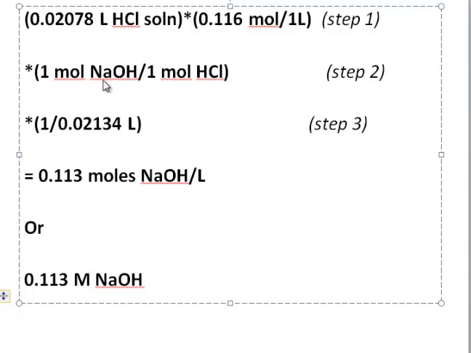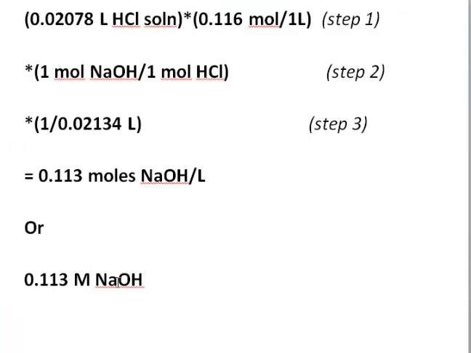Step 1 and Step 2 give us moles. Step 3, 1 over 0.02134 liters, is essentially dividing moles by volume to get the molarity. Notice that I had to convert from milliliters to liters. Alright, so the solution is 0.113 moles of sodium hydroxide per liter.